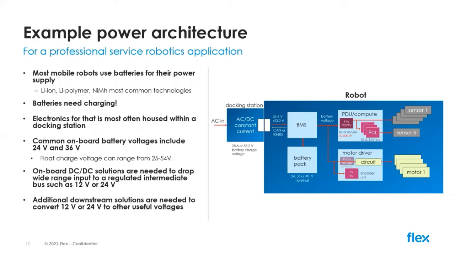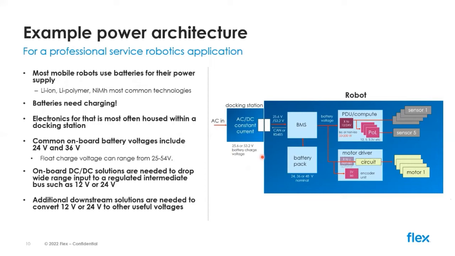Taking a look at one of the examples that we've seen in the industry for power architectures, this example on the right-hand side shows you the robot in the main box and the different component parts of that robot. And then on the left-hand side, you see the charging docking station.